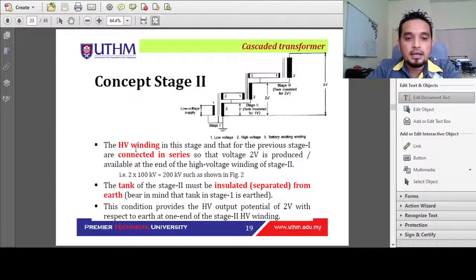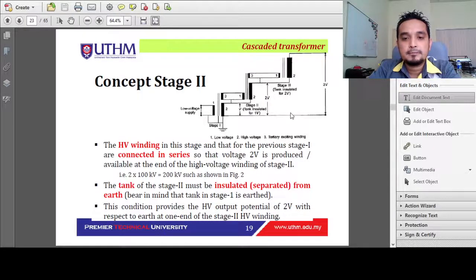Okay, and the high voltage winding in this stage is connected to stage 1 in series, so that the voltage 2V is produced. 2V is not 2 volts, it is 2 times the voltage output. Once the voltage output of the single stage transformer is V, which is 100, we will have 2 times 100.